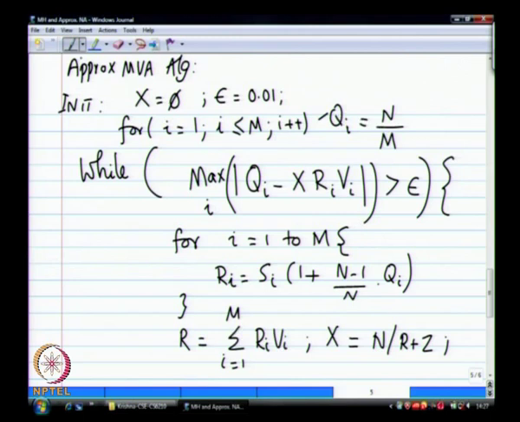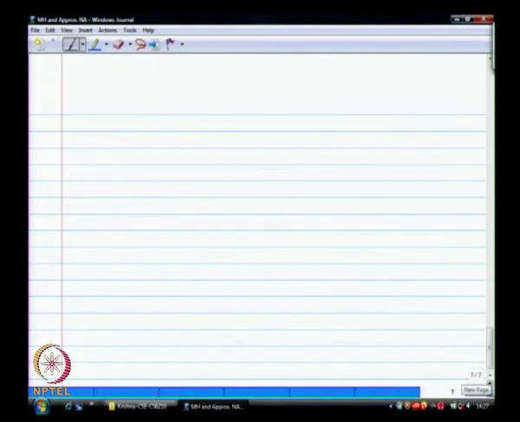So let us try to do this. QI dash I do not have here, right. If I replace this, I need something for QI dash. So let me show you what changes I am trying to do.